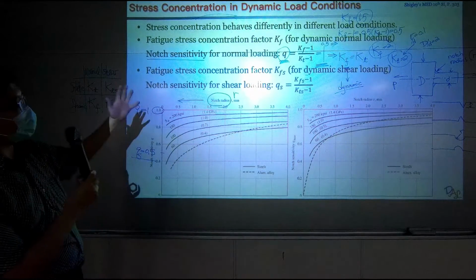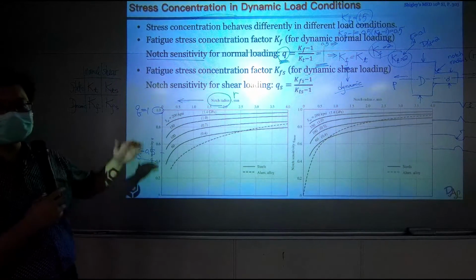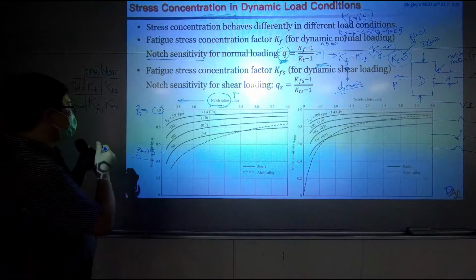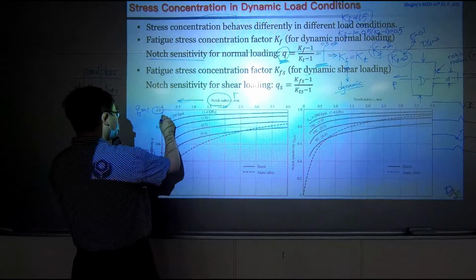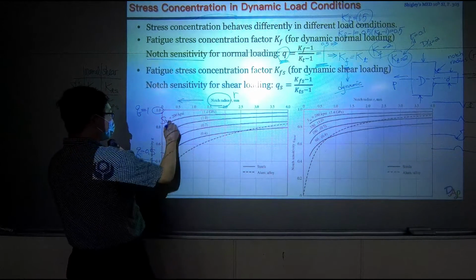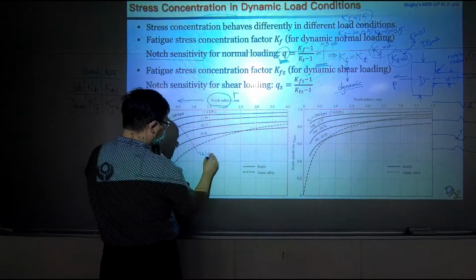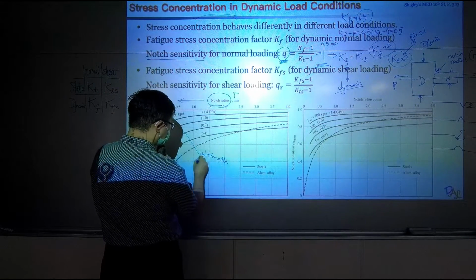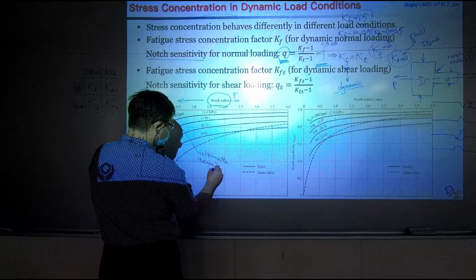So let's get back to this table and see what else varies Q. Here is Su, ultimate tensile strength.